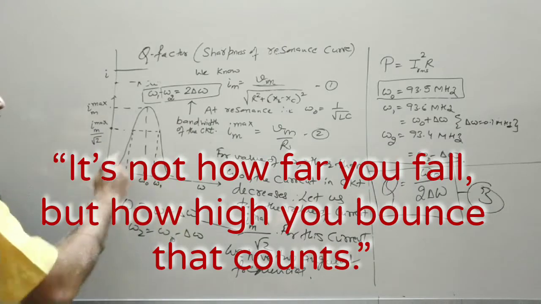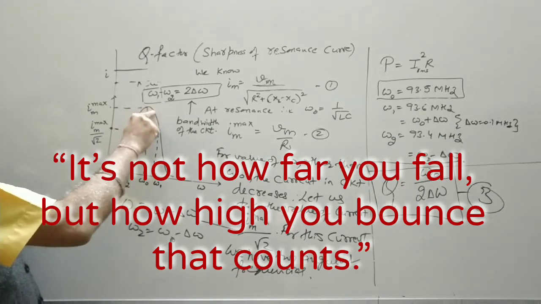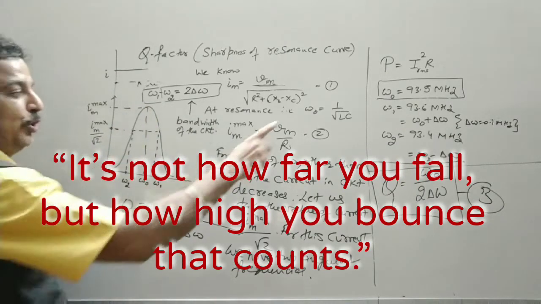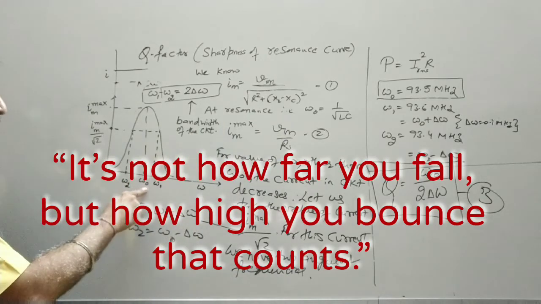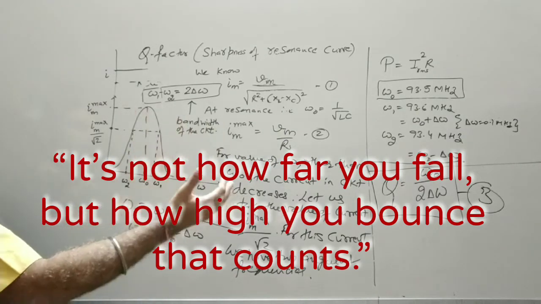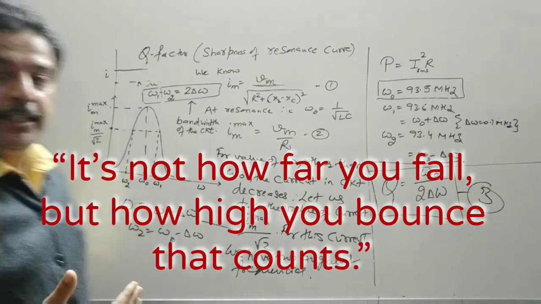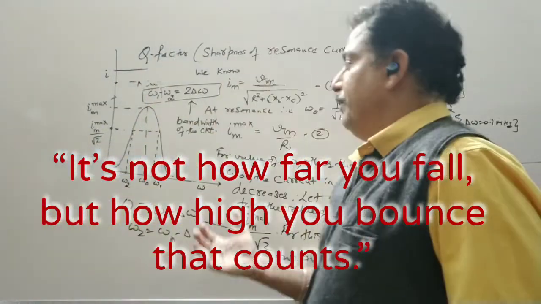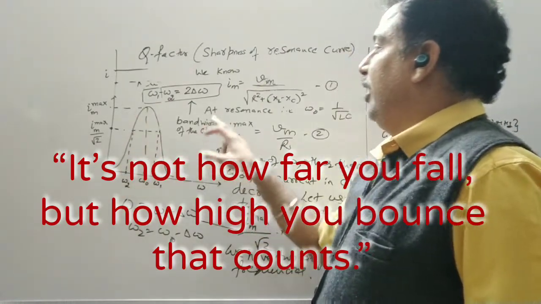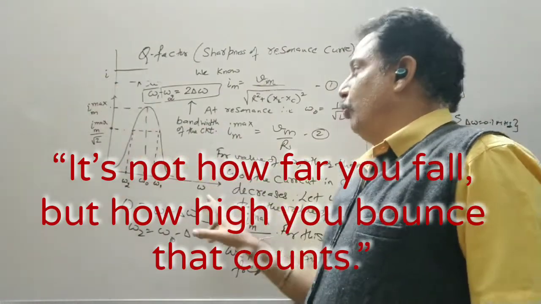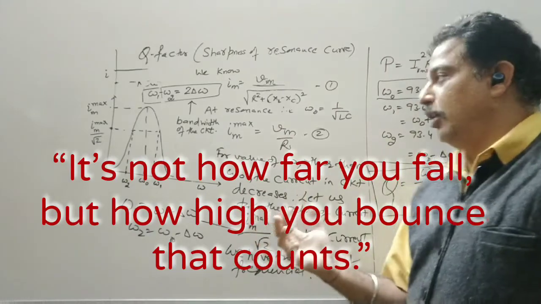So current starts increasing. At a specific value this current becomes maximum, which was known as the resonant frequency or angular frequency, and beyond that if we keep on increasing, the circuit becomes either inductive or capacitive. So this was a plot of I versus omega, which was known as a resonance curve.